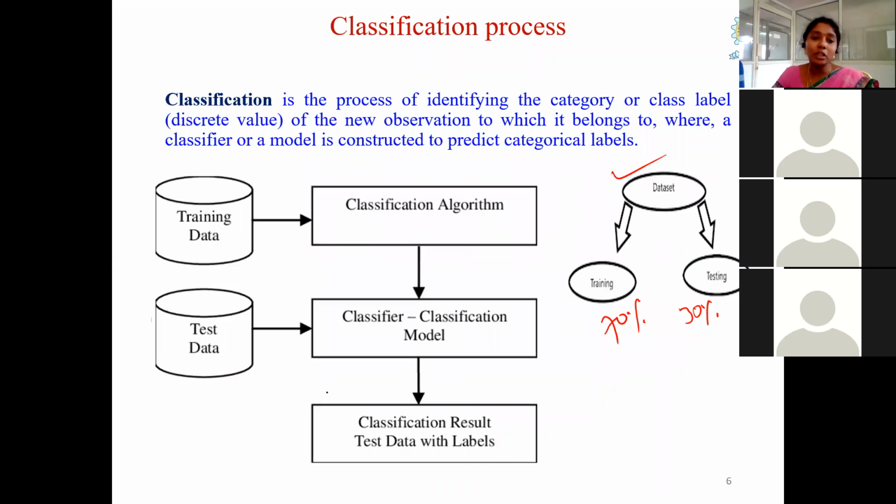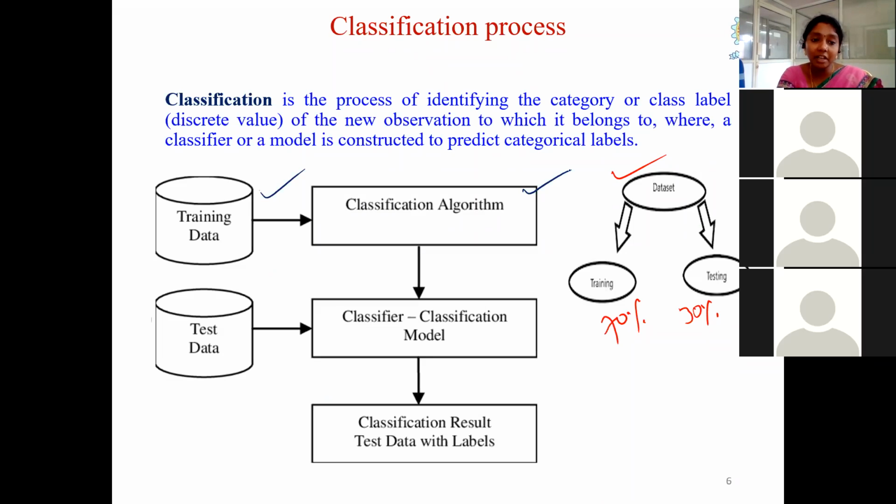The same concept. Classification is the process of identifying the category or class label of a new observation to which it belongs, where a classifier or a model is constructed to predict the categorical labels. Initially the training data is submitted to the classifier, and some learning process goes on.